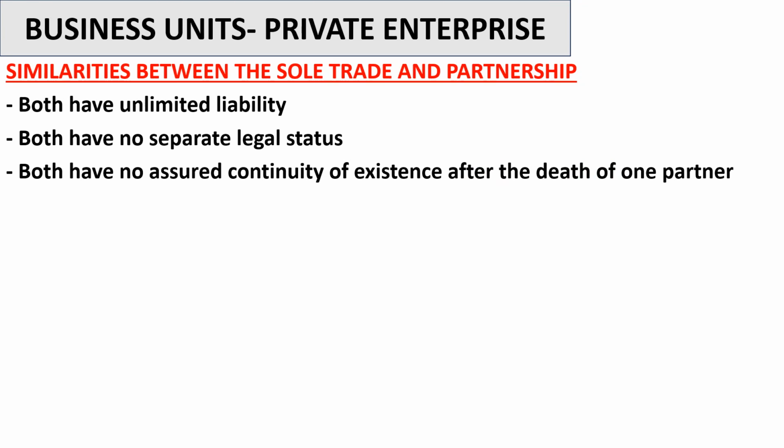For sole trade, if the owner dies, the business dies; for partnership, if one partner or both partners die, then the business dies. Using better words, there's no continuity of existence of the business in case the owner or one of the owners dies.